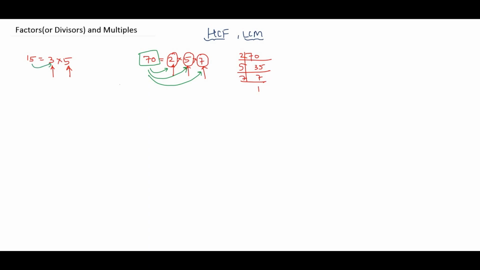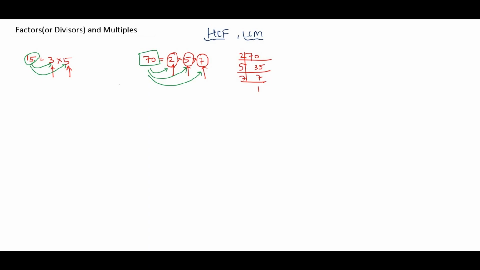Similarly, this 15 is a multiple of 3 or a multiple of 5. Right? So a number which divides a given number exactly is called a factor of that number. 3 divides 15 exactly, therefore 3 is a factor of 15. And the given number, that is 15, is called a multiple of any of its factors.